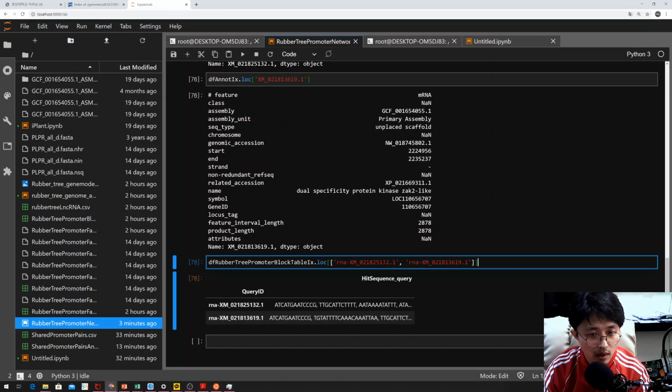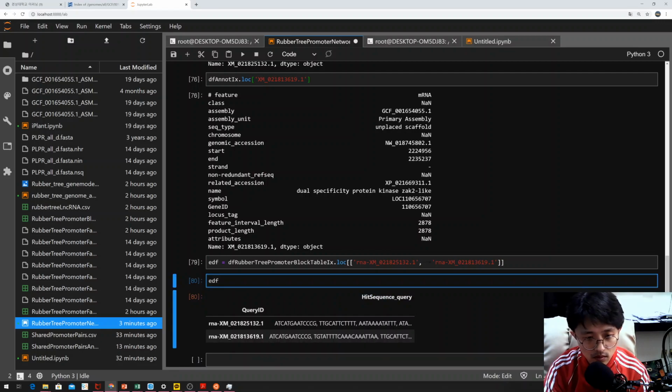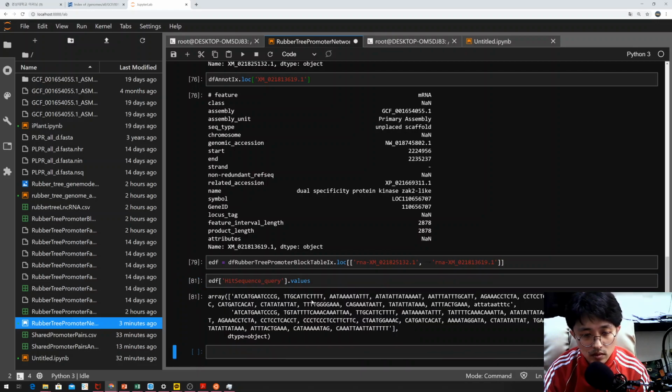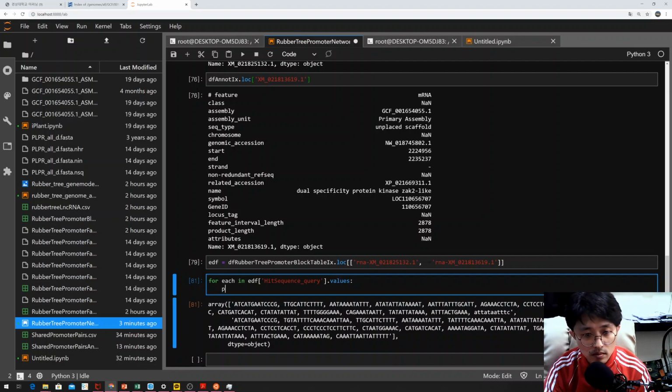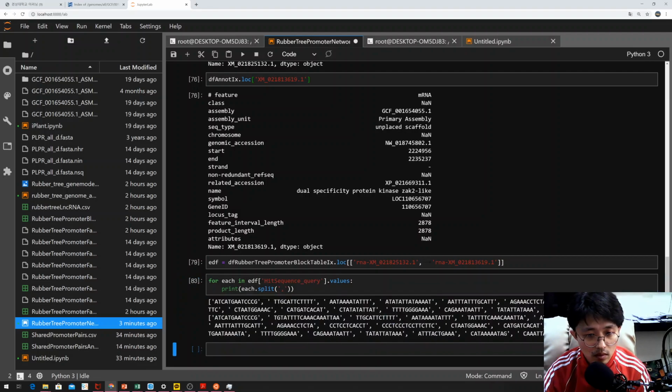So I want to print out the sequences to visualize everything. Hit sequence query dot values. For each in values, print each. Okay, cool. Split. Okay.